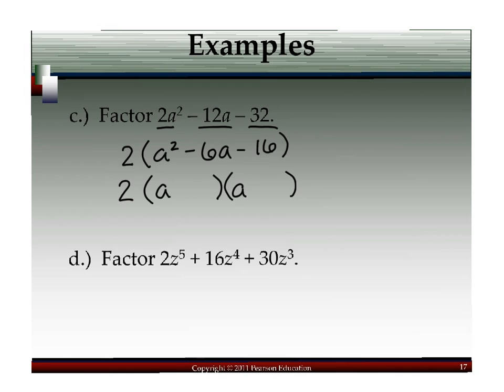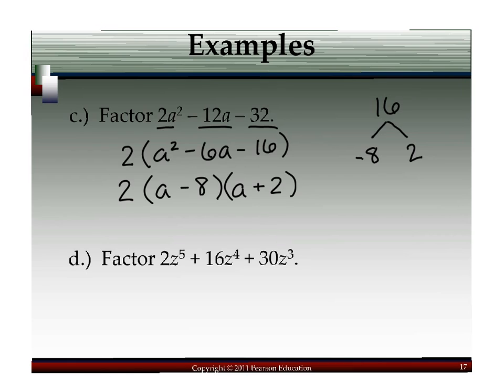We can break 16 apart in a few different ways, but the two factors that add up to negative 6 are negative 8 and positive 2. So that's what's going to go in these blank spots here. Minus 8 and positive 2. And we're done with that one.